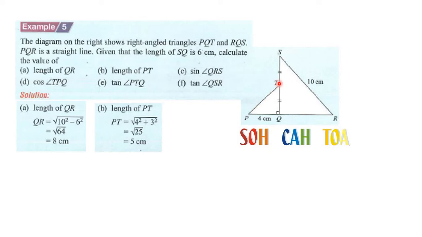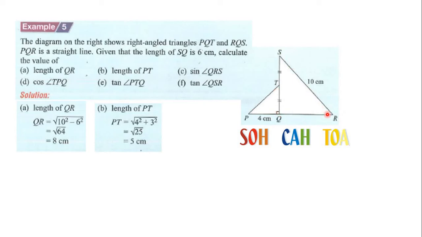Alright. C. Sine QRS. So angle at R. Angle at R, you must look at this triangle. You must look at the measurement of this triangle.